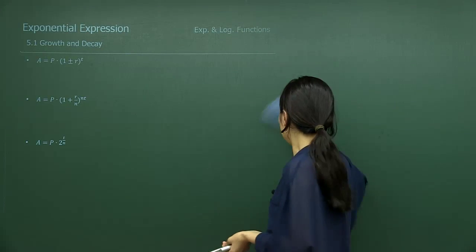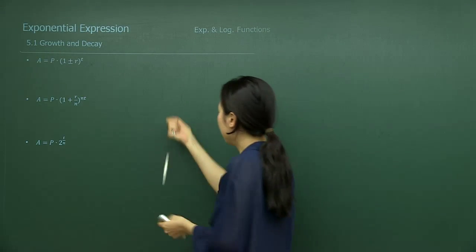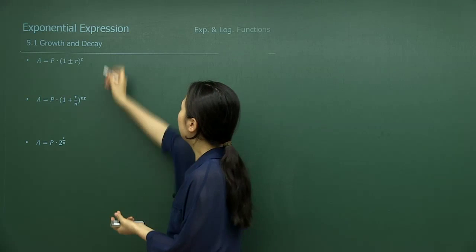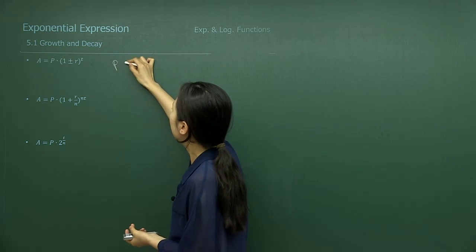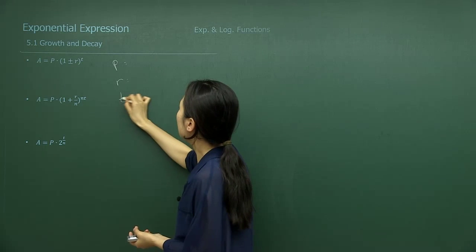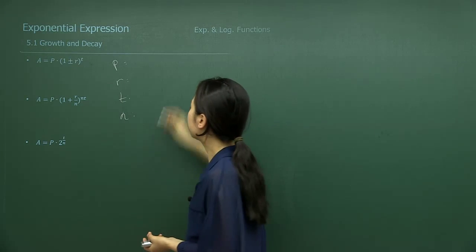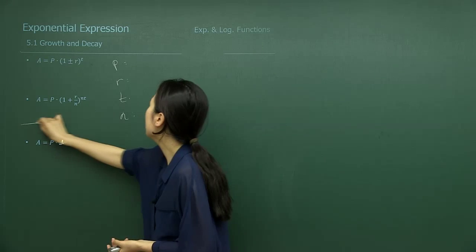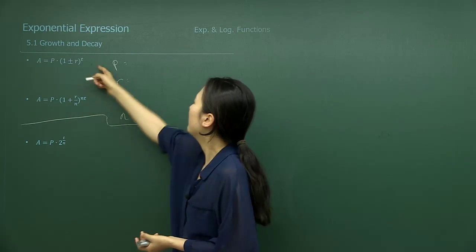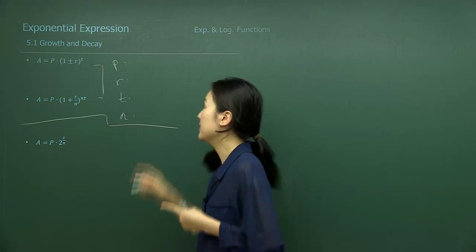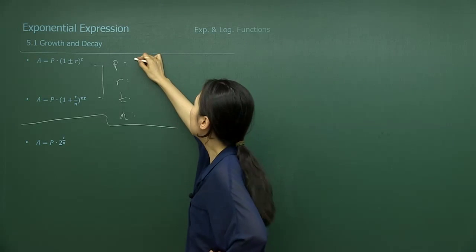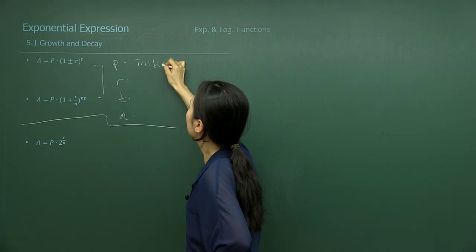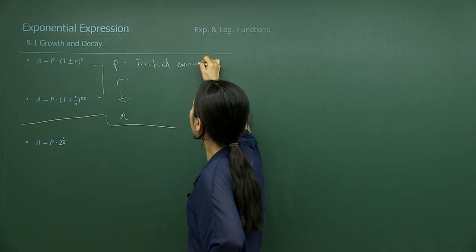Okay? So the first two represent the growth and decay with an annual percentage. Okay? So quickly, let me write the meaning of P, R, T, and N one more time. So the P, R, T, N for the first two formulas were, again, what was it? The initial amount, the principal, right?